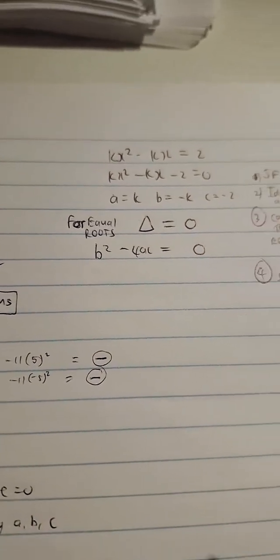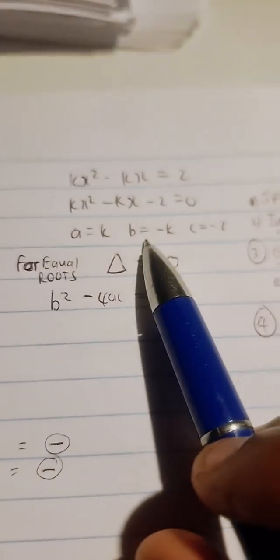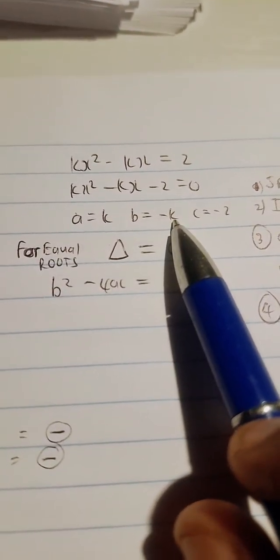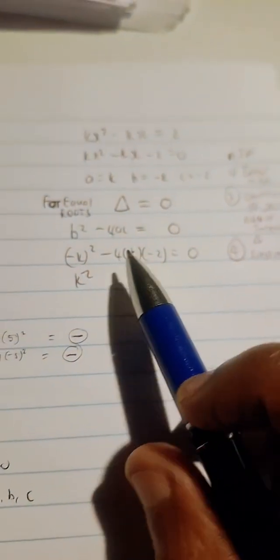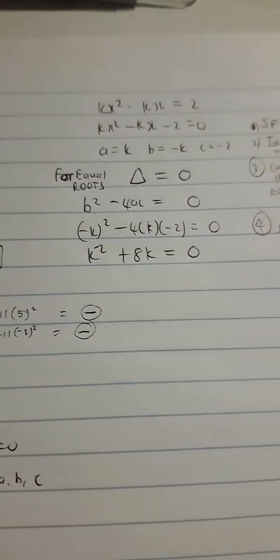Now there's something I want to sensitize you to. You do this b squared minus 4ac. That's negative k squared minus 4 times k times negative 2 is equal to 0. What do you get? k squared. You remember, guys, that we did this. Negative 4 times k times minus 2, it's plus 8k is equal to 0.